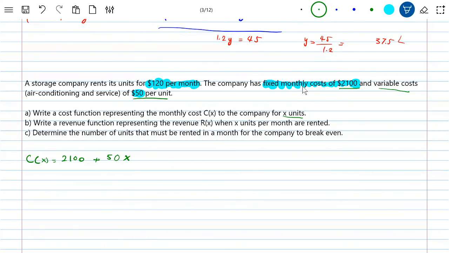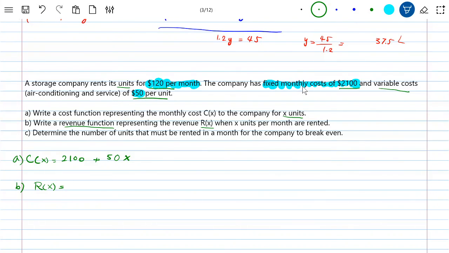Nothing complicated. Part B, they ask you what is the revenue function, and they use R(x) to show it. So what is revenue? Revenue means the total amount of income, how much you're making by selling those.